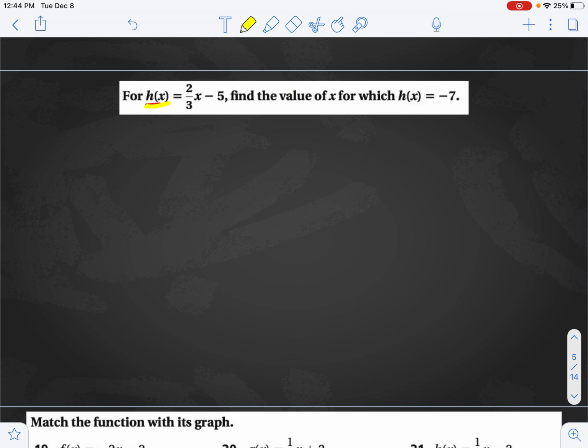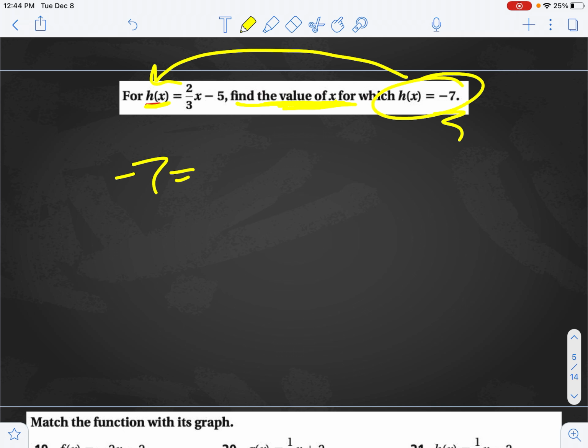So notice, this time we're finding the value of x, okay, for which h of x equals negative 7. So instead of plugging into x, we're saying, hey, h of x, our end answer, is going to be negative 7. So negative 7 equals 2/3x minus 5. And we're solving for x.